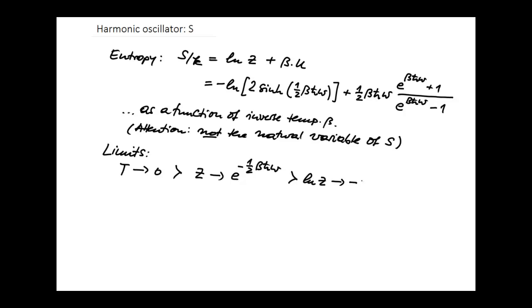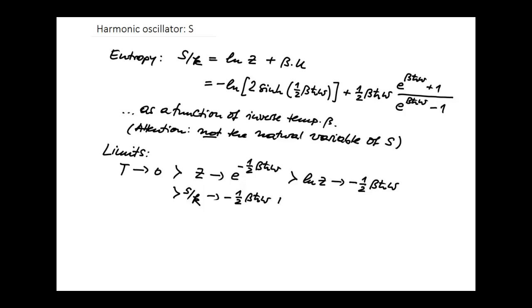This simply gives you minus 1/2 beta h bar omega. Now, in this limit, it's easy to write down the entropy, because for log Z, we say this is minus 1/2 beta h bar omega.